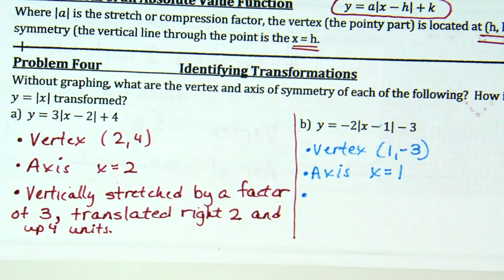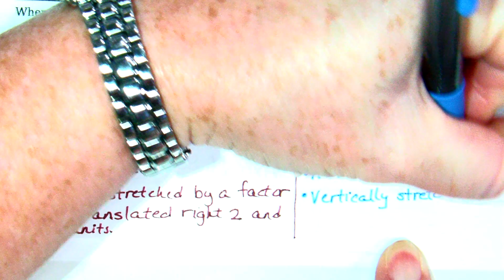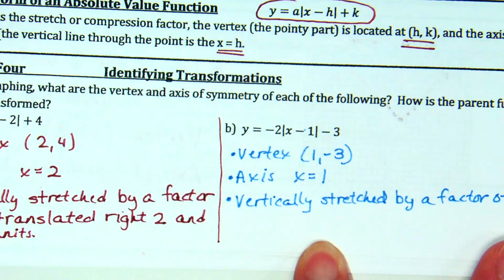Okay, so we had a stretch of 2, a reflection across the x-axis, translated right 1, down 3. So, write it all down. Vertically stretched by a factor of 2. Please do not tell me it's vertically stretched by a factor of -2. That is something totally different, okay?